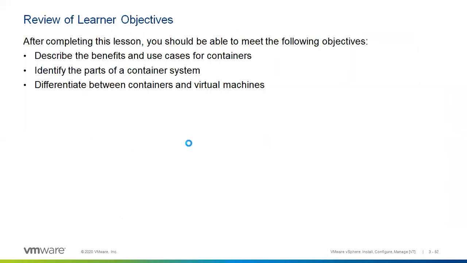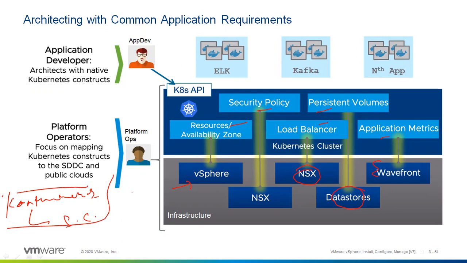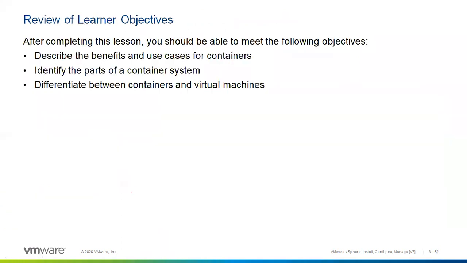You can use the underlying vSphere for networking, and it uses NSX for application monitoring. These datastores are my storage, and there are a number of services. But again, for reading about containers in detail, VMware provides a separate course, a separate training for containers.